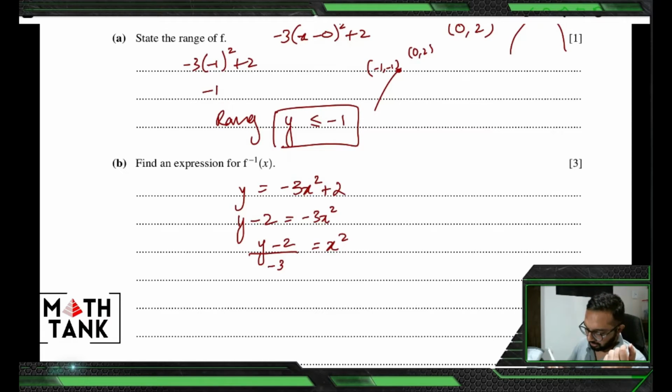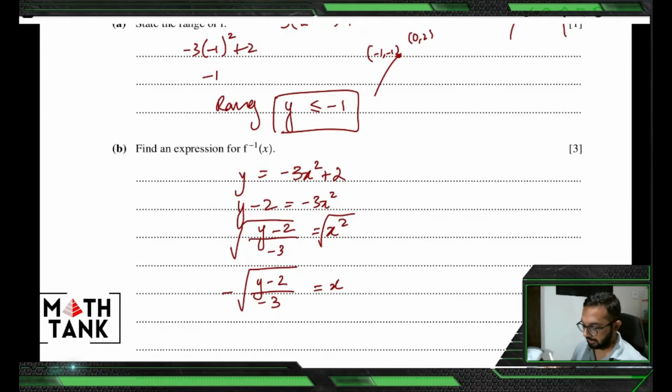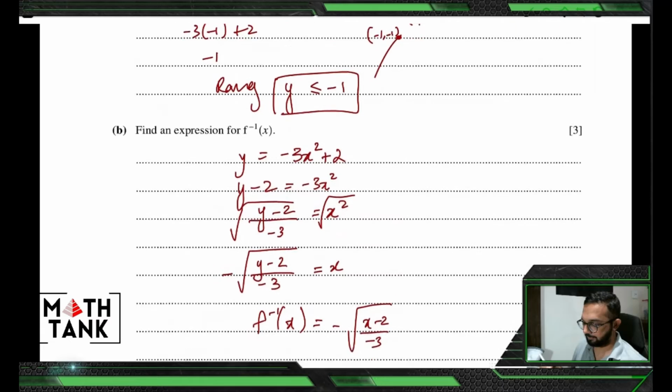When I take a root on both sides, it generates both a plus and a minus. Now since this curve is to the left of the turning point, there is going to be a negative outside the root. If you don't know this, please go back and watch the lecture videos. That's where I explain why this is the case. So this becomes f inverse of x equals minus root of (x minus 2 over minus 3).